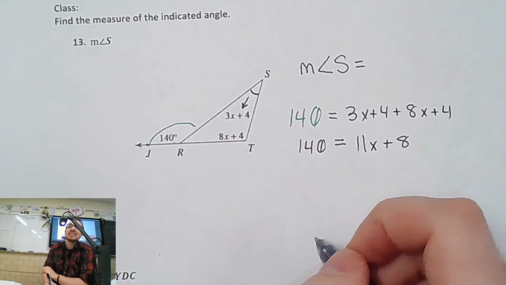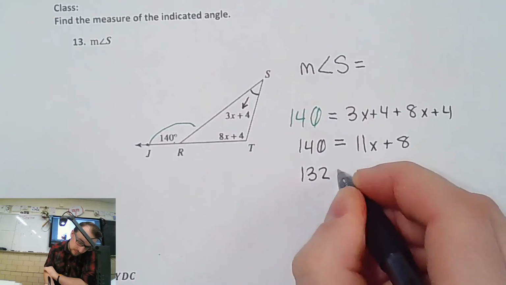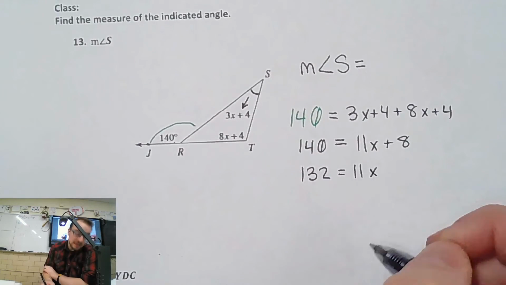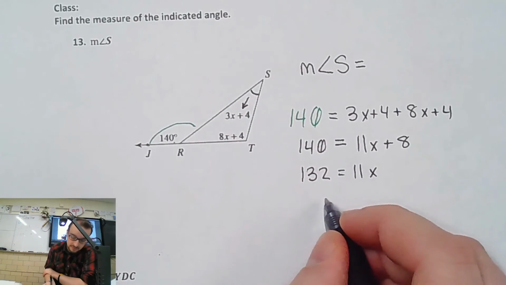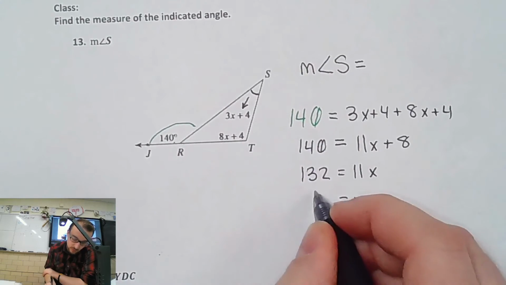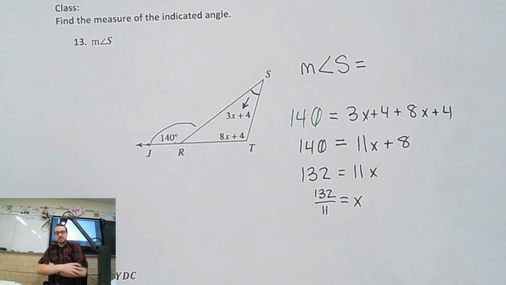What's 140 minus 8? 132. Now we divide by 11. What's 132 divided by 11? Now the question is, does that come out evenly or does it not? I thought it was 12. I'm sorry.